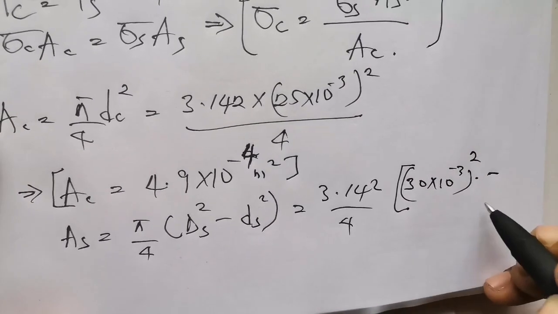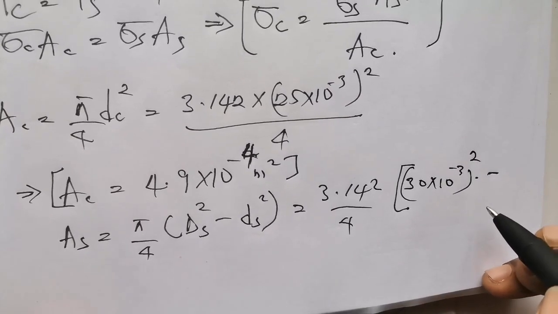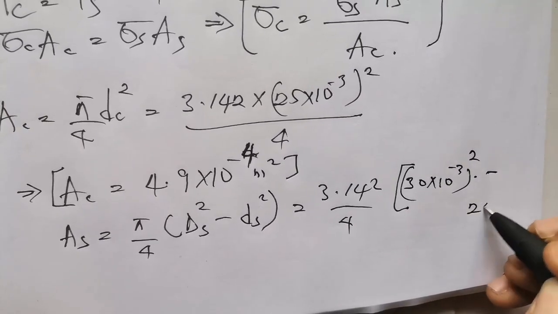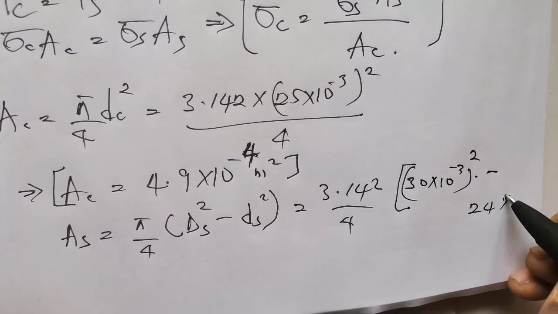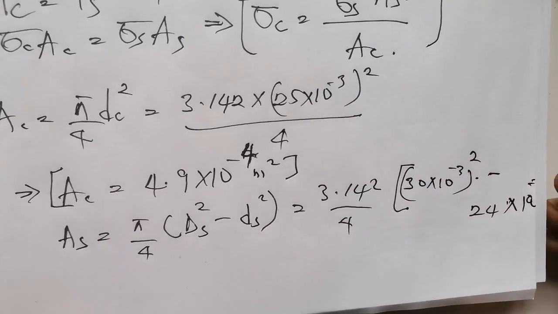Minus the internal diameter of steel, which gives us 24 millimeter, which is 24 by 10 to the power of minus 3.